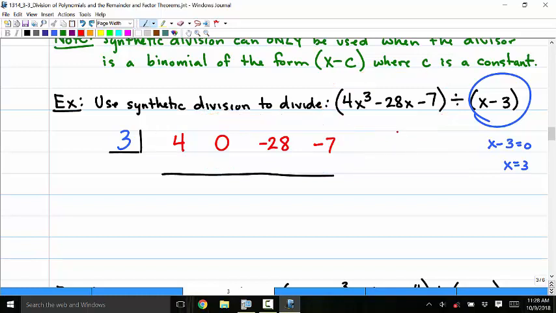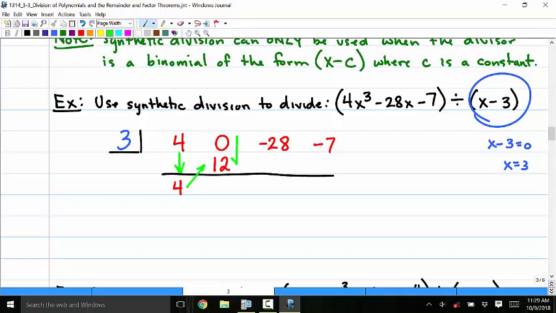All right, here's the game. Bring it down. So you get 4. Now you're wanting to go back up to this position. How do you do that? You're going to do 4 times the half box number. 4 times 3 is 12.